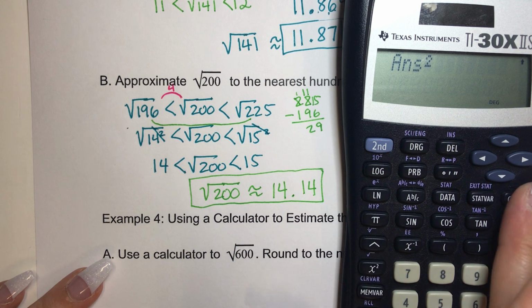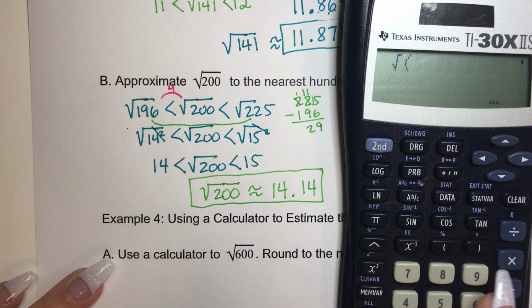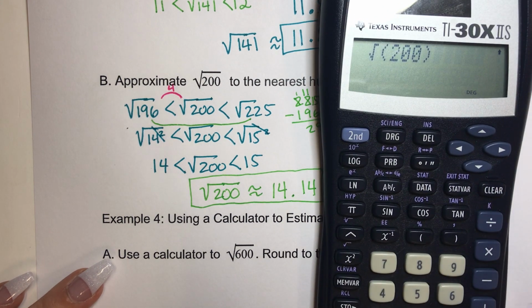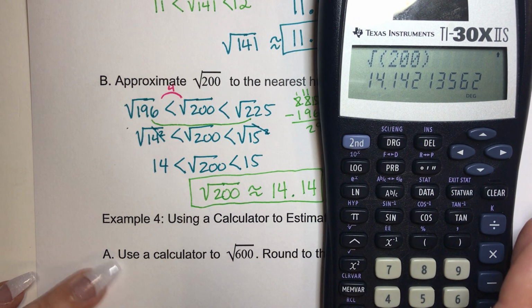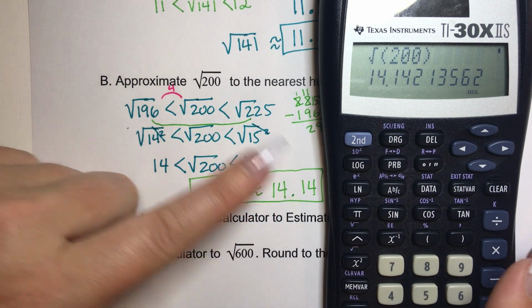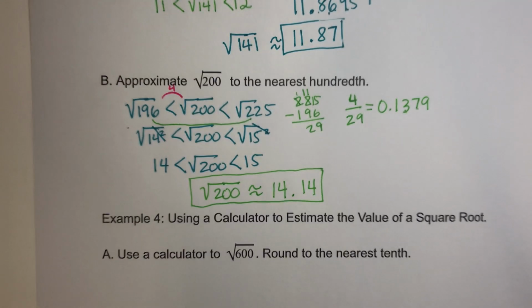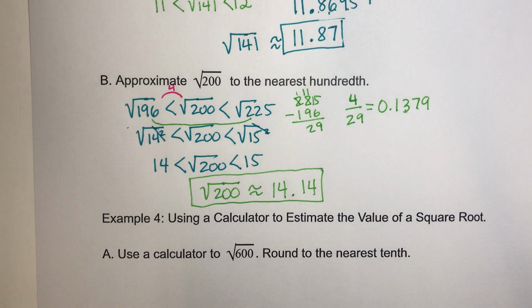Square root of 200, enter, and we get 14.14. Oh my gosh, it's so close. That's so cool. All right, well, that is it. I'll see you in a little bit for example 4.